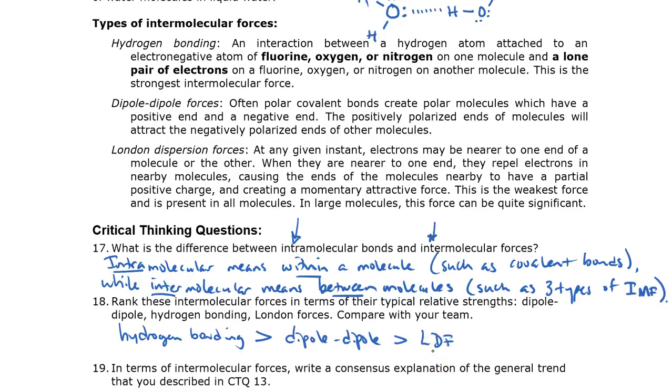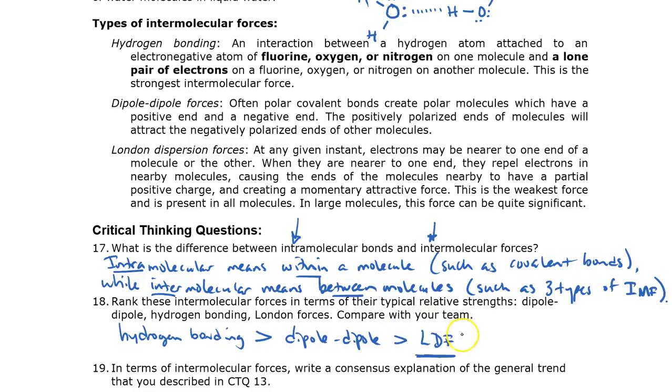On the other hand, when molecules get really large, these can also be very large. We tried to sort of normalize for that in this activity by looking at things that were roughly the same size. In general, this is the general order. If you switched these, I understand why you did that.